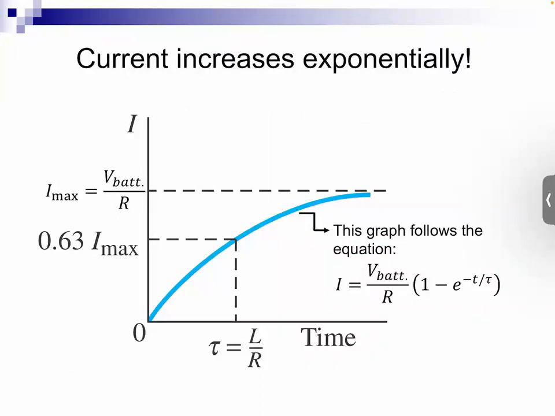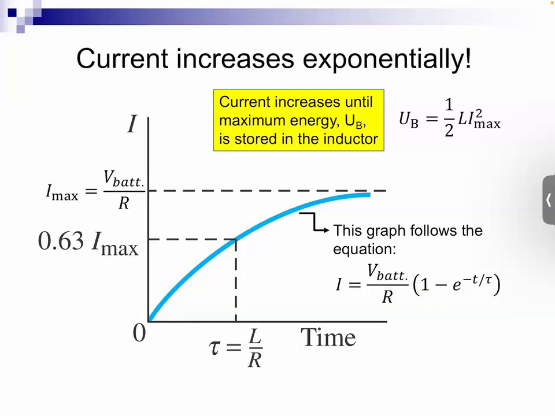If we make a graph of this equation, it's essentially an exponential, but you have 1 minus an exponential. Essentially, you have this exponential increase in the current following this equation here.